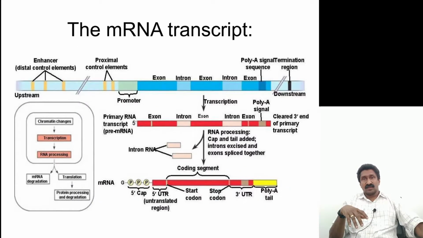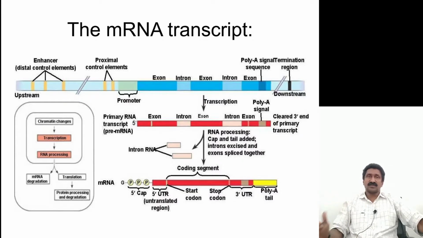So now, we already discussed the chromatin change or the histone protein modifications and a little bit about transcription level regulation. Now at the transcription level regulation and RNA processing, this is the overall process that is occurring.